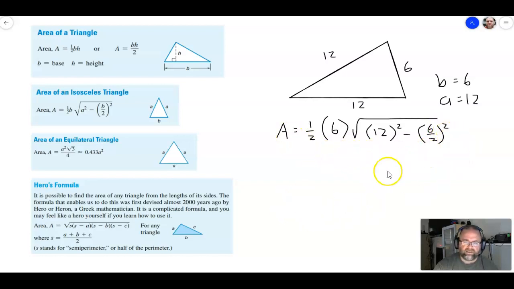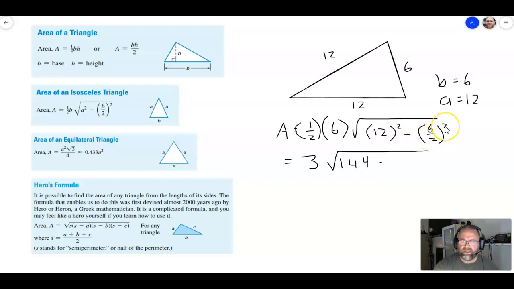So I could really just put all of this into my calculator, just making sure that I put parentheses around everything here, just to make sure that it uses the correct order of operations. But I can also figure this out by hand, at least most of it. So 1/2 times 6 is just 3, because that's just half of 6. And then we're going to have times the square root of 12 squared, which is 144, minus, remember we do parentheses before we do exponents, using the please excuse my dear Aunt Sally, or PEMDAS.